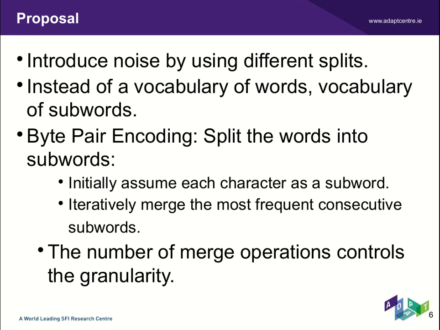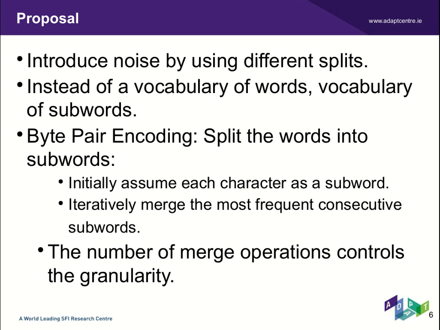So as we say, we propose to introduce noise by using different splits. So typically, when building an NLP model, instead of using the complete words as vocabularies, we use subwords. And a typical example of this is Byte Pair Encoding, or BPE, which is used to split these words.